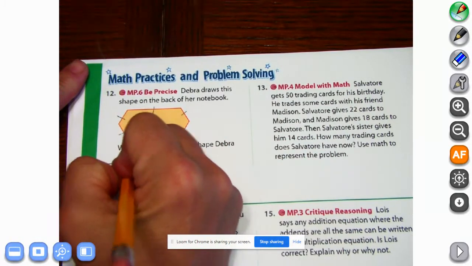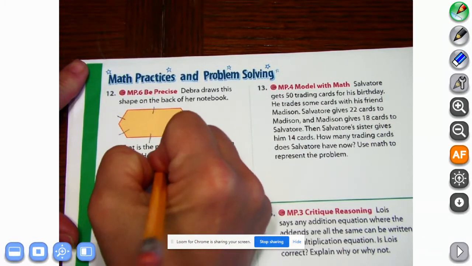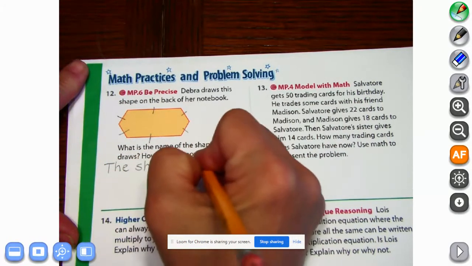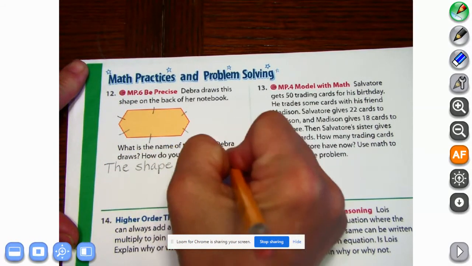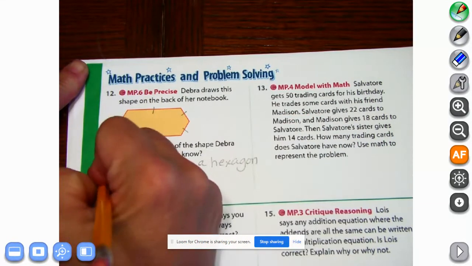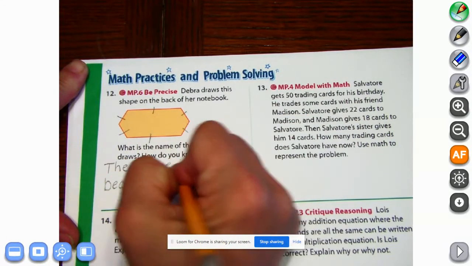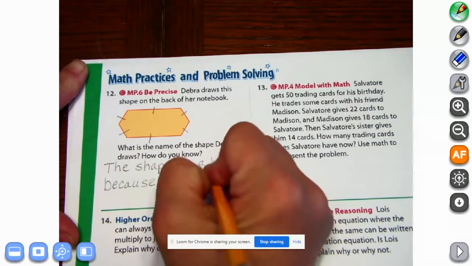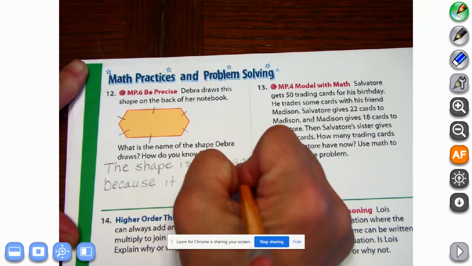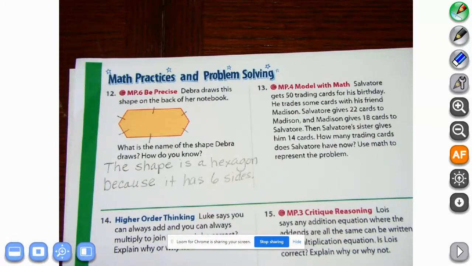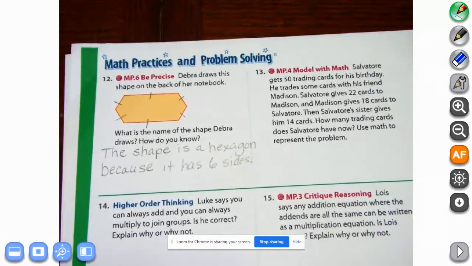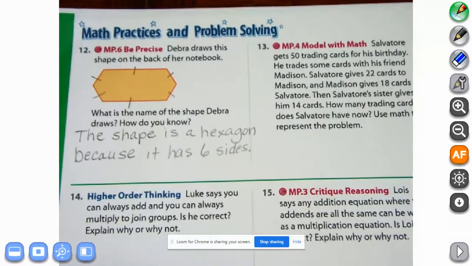So the shape is a hexagon because it has 6 sides. All right. Hopefully you can see that okay.